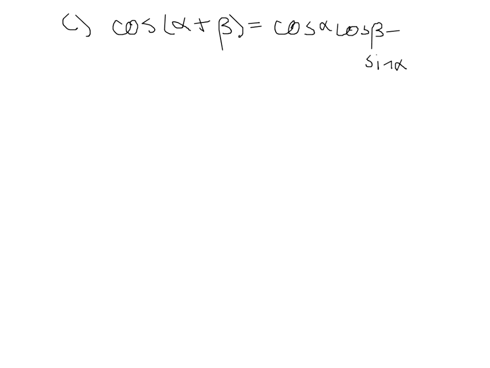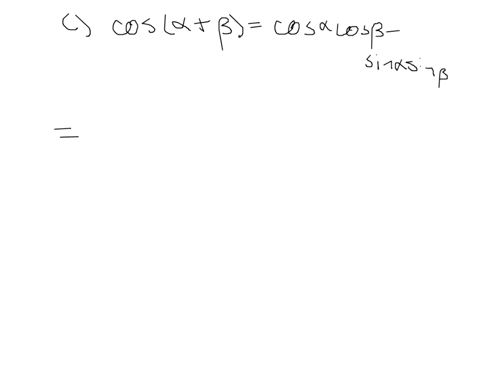Okay, next, part C. We want to evaluate cosine alpha plus beta, and that can be rewritten as cosine alpha cosine beta minus sine alpha sine beta.